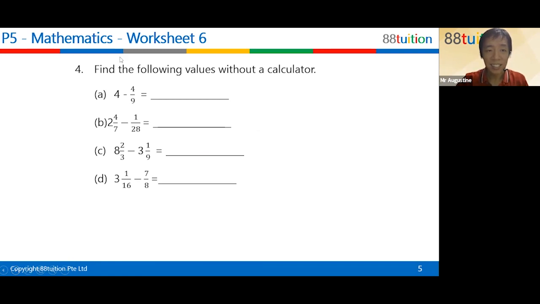Similarly, if you have to do a subtraction that involves a mixed number, a whole number, in this case you might need to do something to the whole number, especially if your fraction part is unable to subtract the other fraction. I think earlier that was what Gordon was trying to do, isn't it? You're trying to pull out the fraction from the whole. So that will be the case here in one of the questions, I believe. So you can do that.